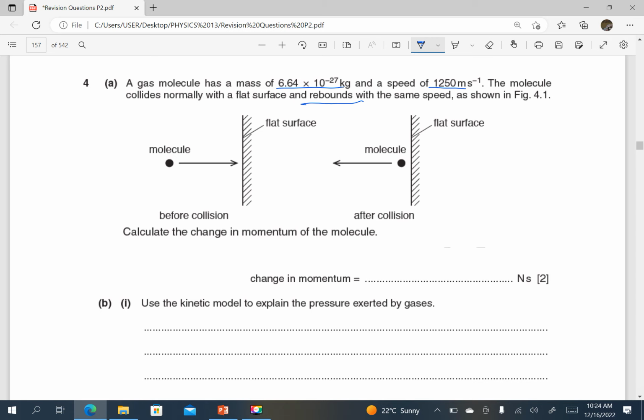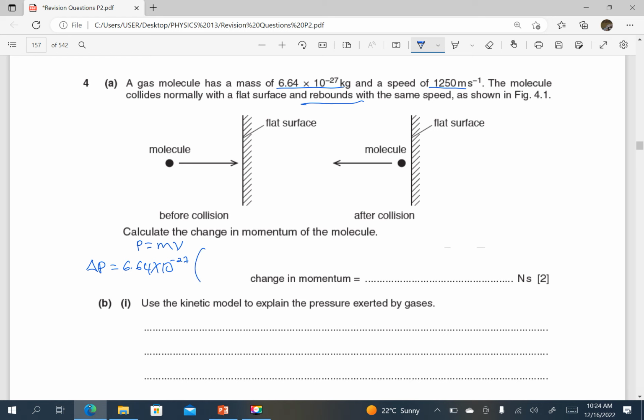So we want the change in momentum of the molecule. At this level, you note that momentum is mass times velocity. That is very easy. The change in the momentum of the molecule is going to be the mass, which is not changing, so the mass is 6.64 times 10 power negative 27.